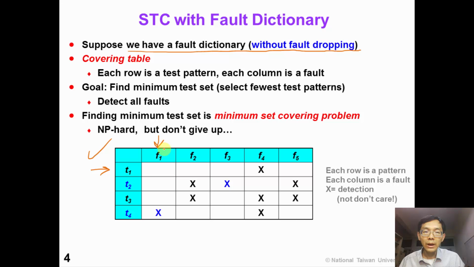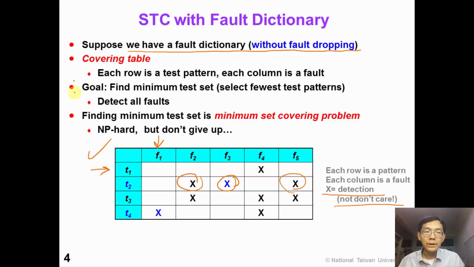In this covering table, the symbol X represents a detection. For example, T2 detects fault F5, F3, and F2. Please don't get confused with the don't care bits in the test pattern.